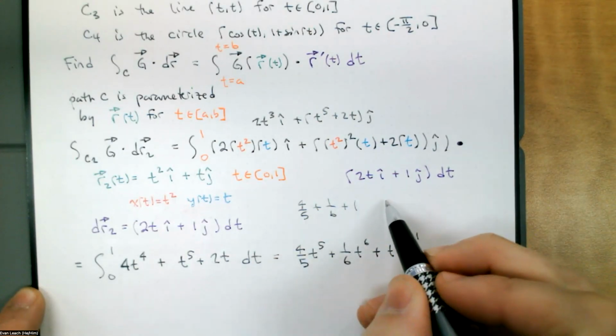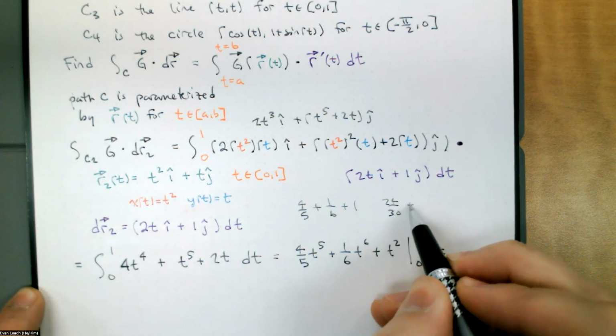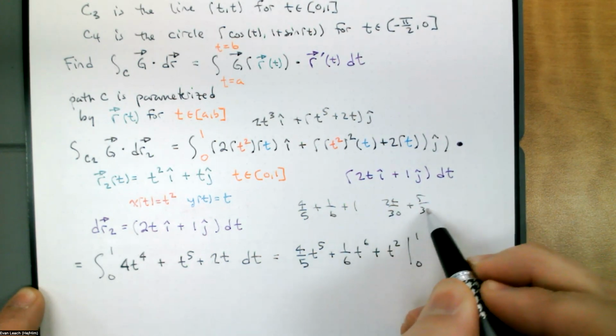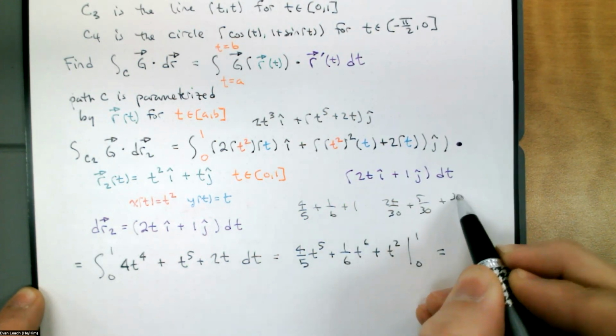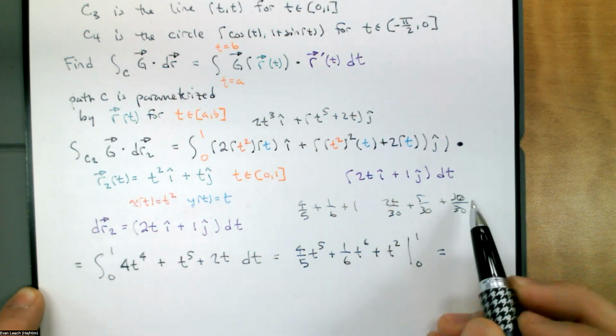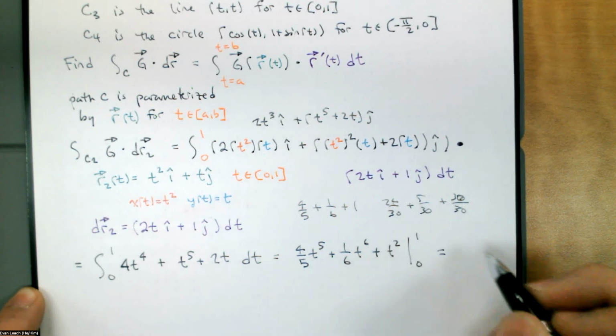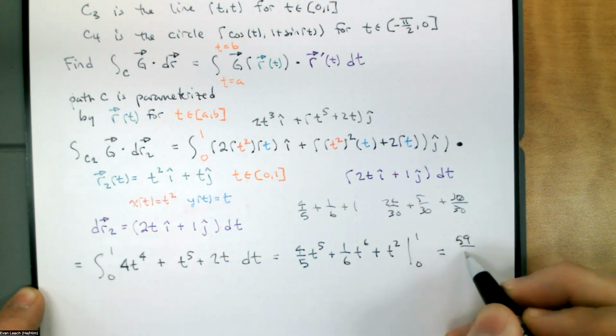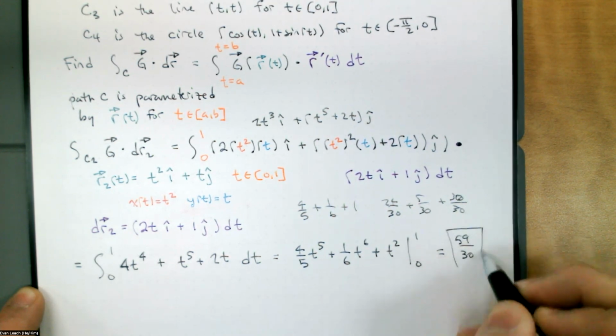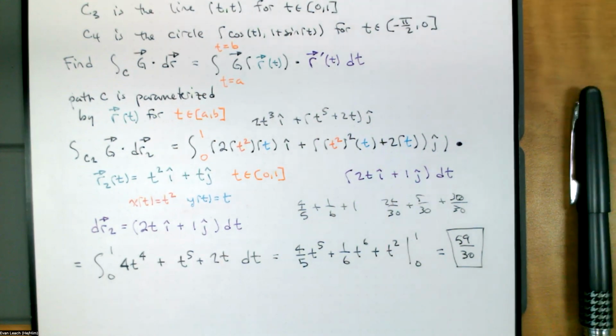So what is this? 24/30, 5/30, and 30/30. So that's 59/30, minus 0/30.